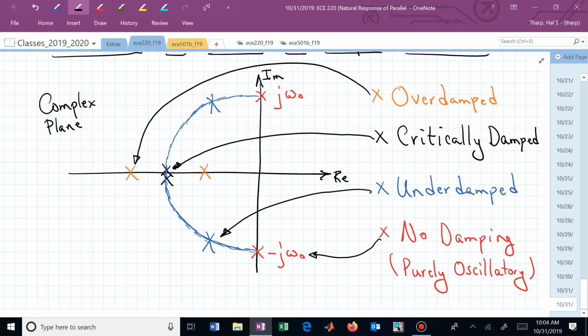If we now had a set of S's that had complex parts or imaginary components to them, that imaginary component would be our damped frequency. That's the blue. If we had two real unequal, then it's orange, and we're on the real line.